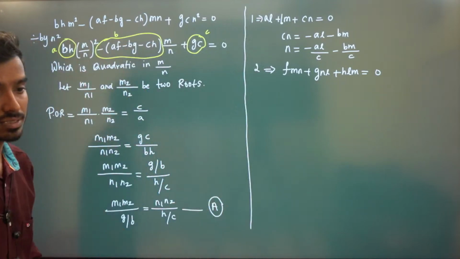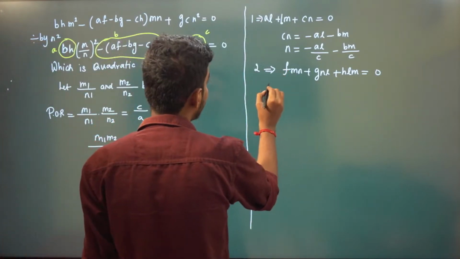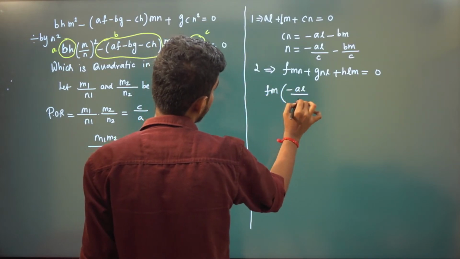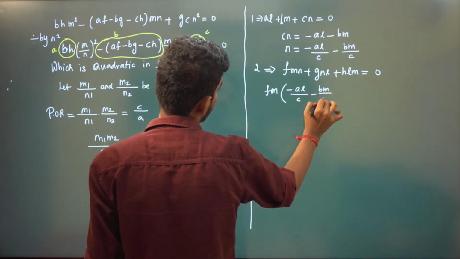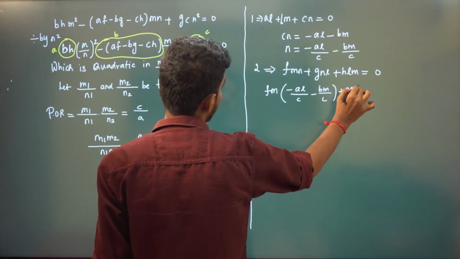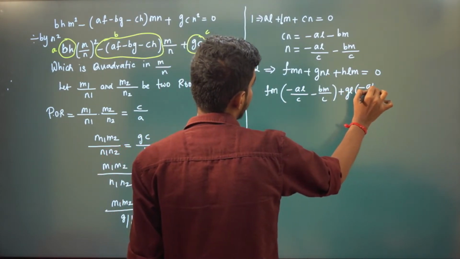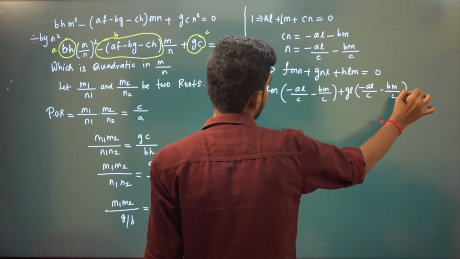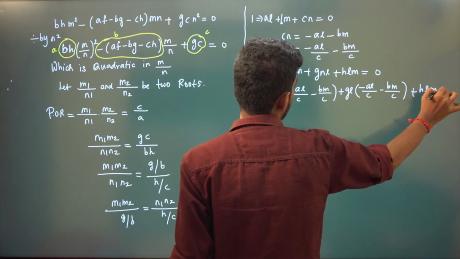So now we'll replace N now. So we have FM into N. So N is minus AL by C minus BM by C, plus GL into N, minus AL by C minus BM by C, plus HLM is equal to 0.